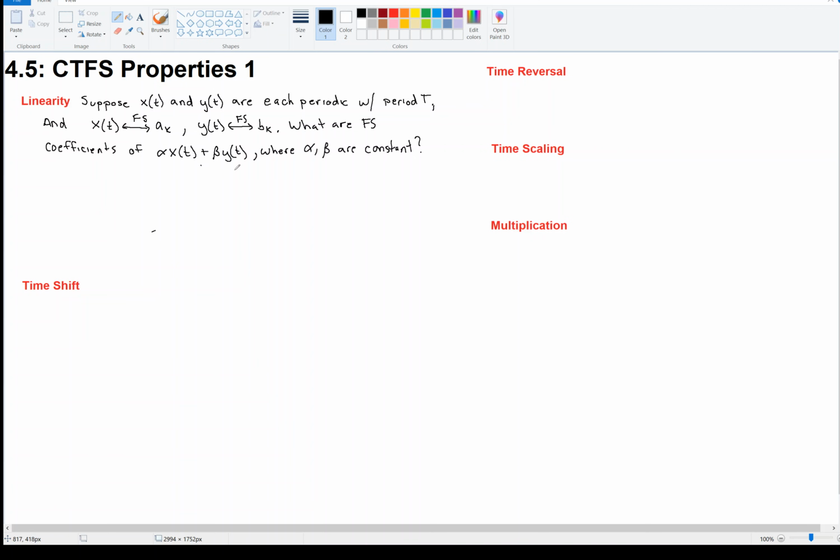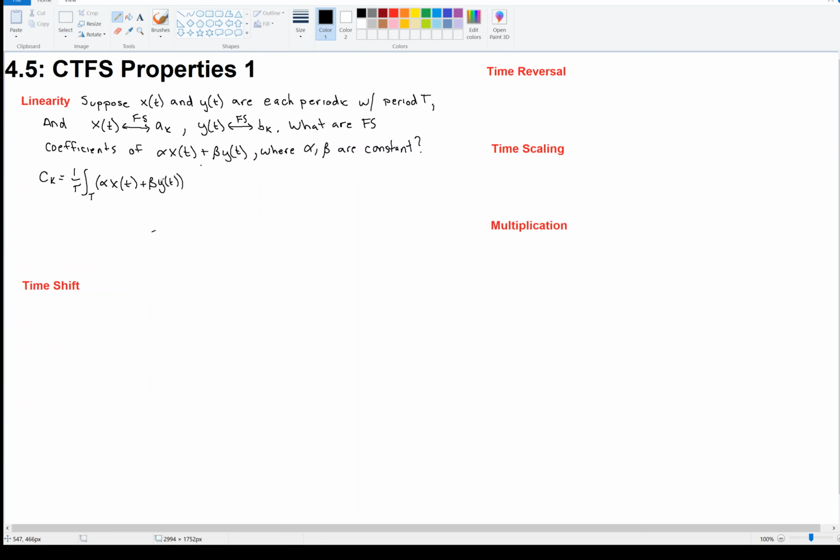All right, so to be able to figure that out, we start from the definition of the Fourier series. So first of all, if we have a weighted sum of x of t and y of t, then this weighted sum will also be periodic with period t. And so if I want to find its Fourier series, I just plug it into the equation, the definition of the Fourier series.